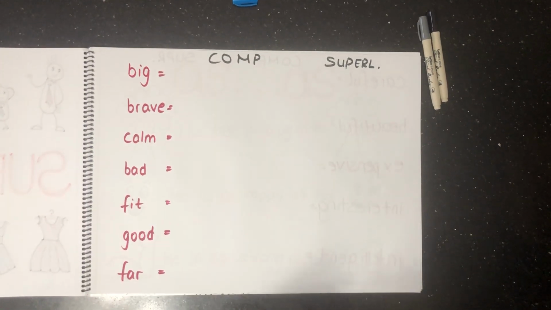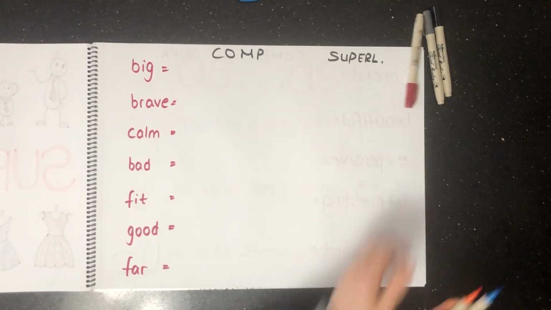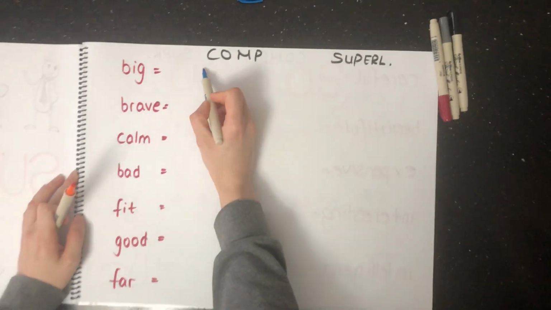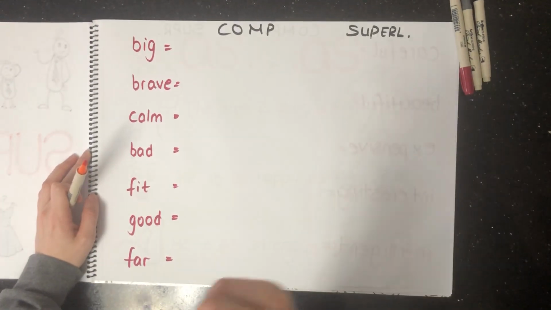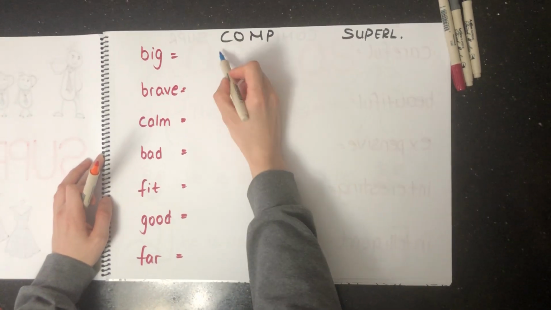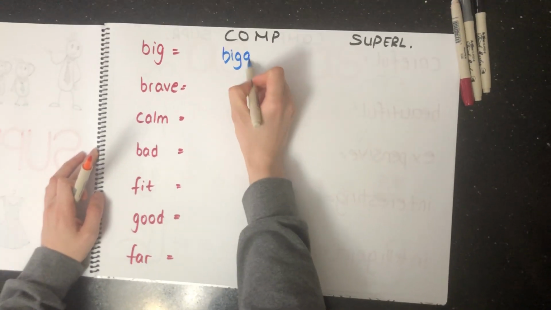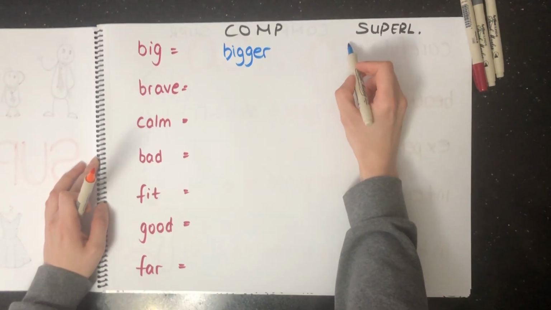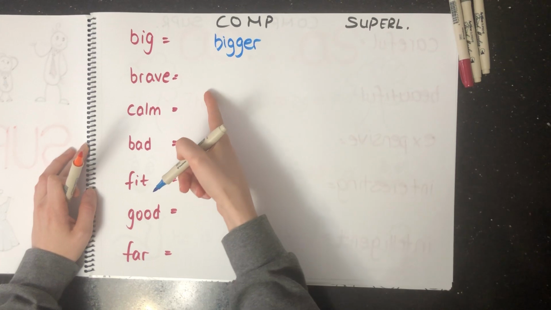Let's do them together, okay? The first one, big. How do we make big with comparative? We say, let's say it, you have time. Big? Yes. Bigger. And in superlative, we say, or let's do it from here.